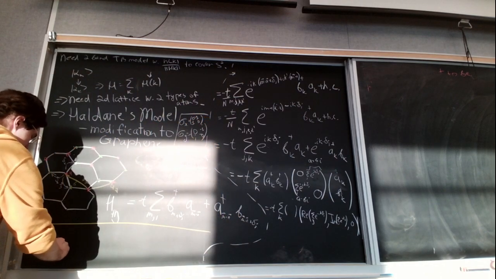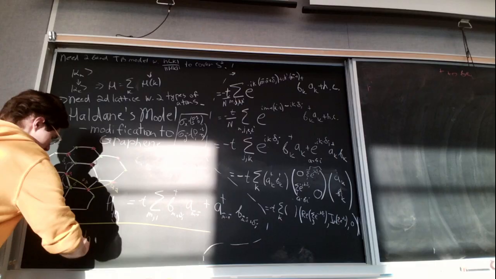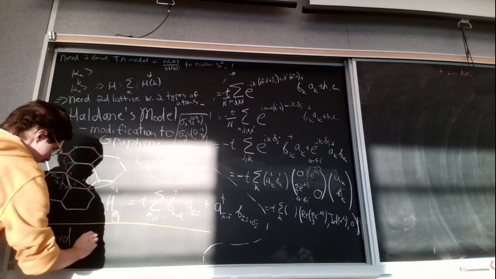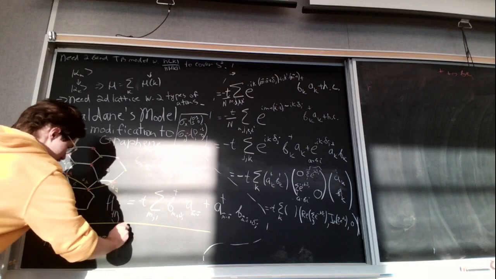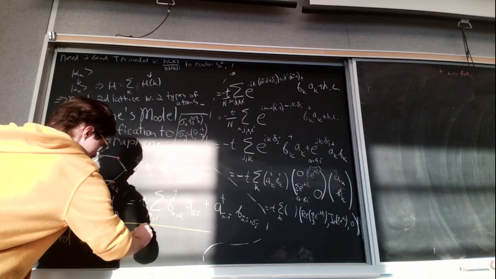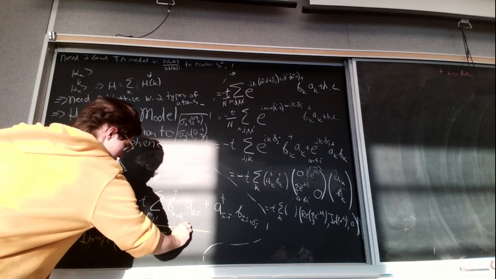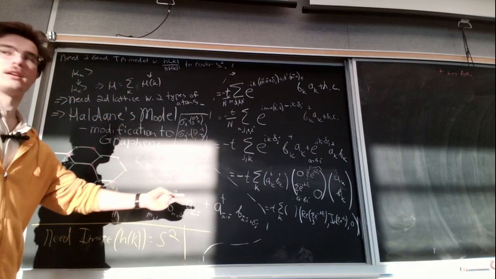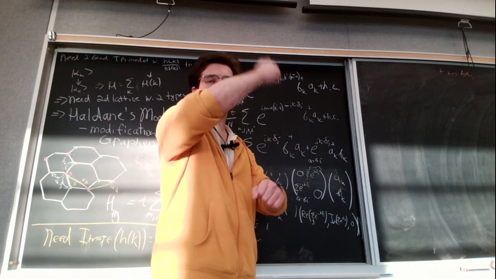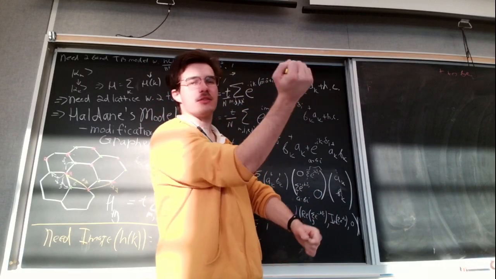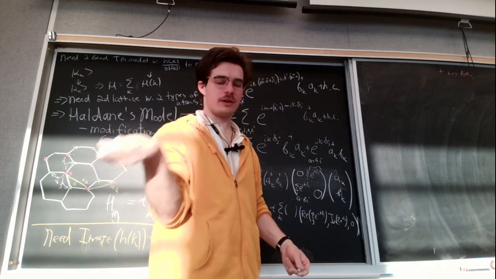Remember that we need the image of h of k to be the whole sphere. Okay, so I need to have non-zero components everywhere, and I need them to really vary around so that I kind of hit every direction possible. Do you agree?